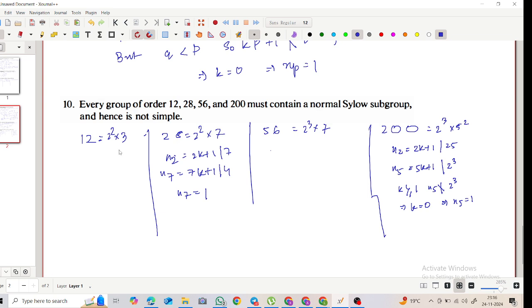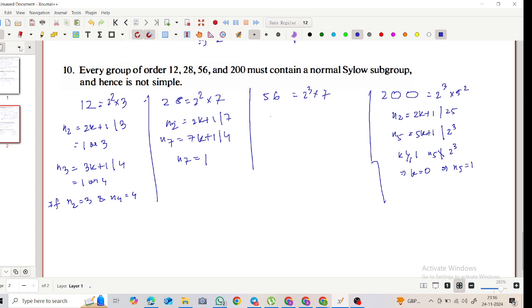But what about this? So n2 is 2k plus 1 and it divides 3. So what are the options for this? 1 or 3. And n3 is 3k plus 1 and it divides 4. So the option is 1 or 4. Okay. So if n2 is 3 and n3 is 4, what do you get?